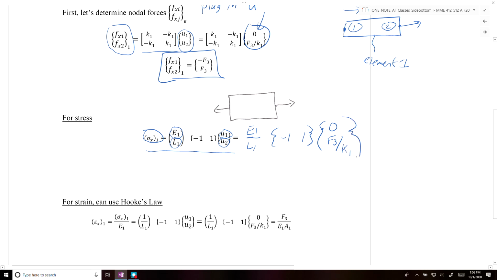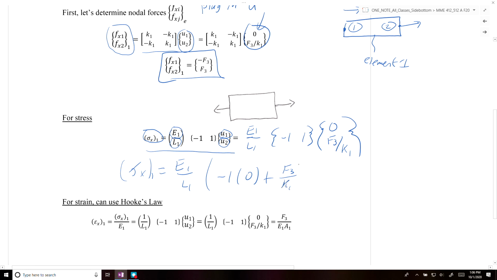So if we multiply all this out, we get sigma x1 equal to E1 over L1 times (-1 times 0 plus F3 divided by K1).